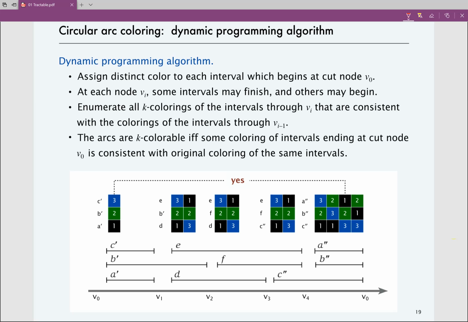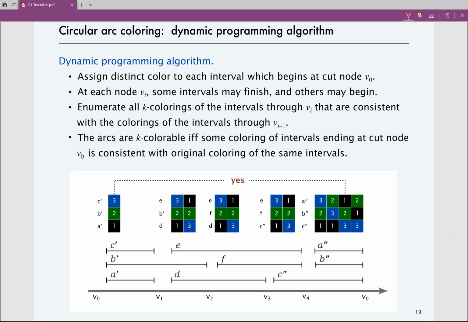Now we're going to move on to the next node, and again look for colorings which are consistent with the coloring at the previous node. We're trying to find all the colorings at V2 which are consistent with the colorings at V1.